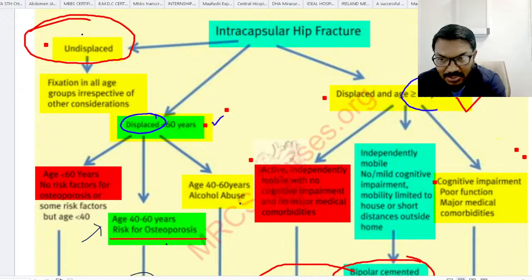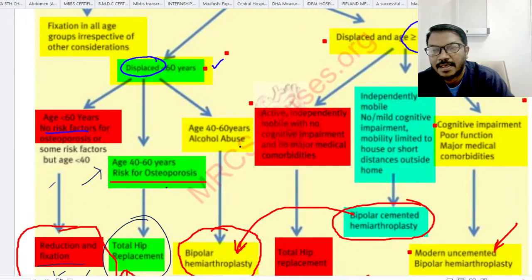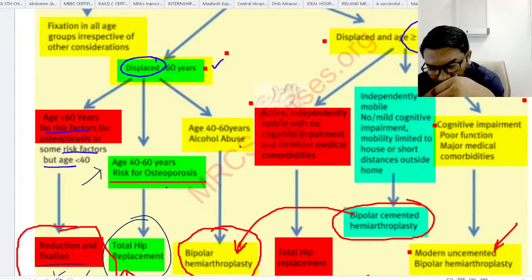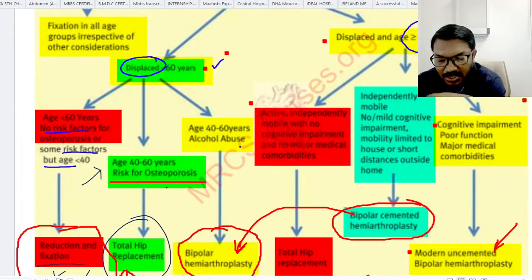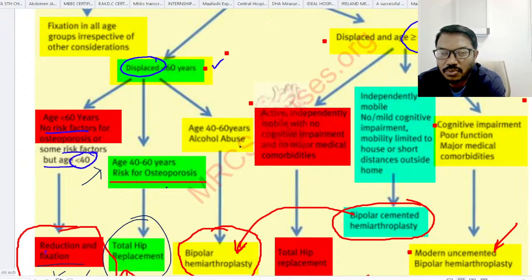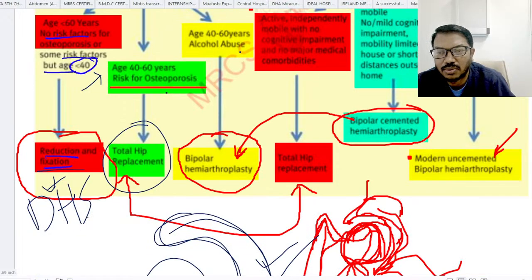For a displaced fracture in a patient below 60, again think about two things: does the patient have any risk factor, yes or no? If the patient has a risk factor but the age is less than 40, then we can do reduction and fixation. We can do reduction and fixation by what? Dynamic hip screw.